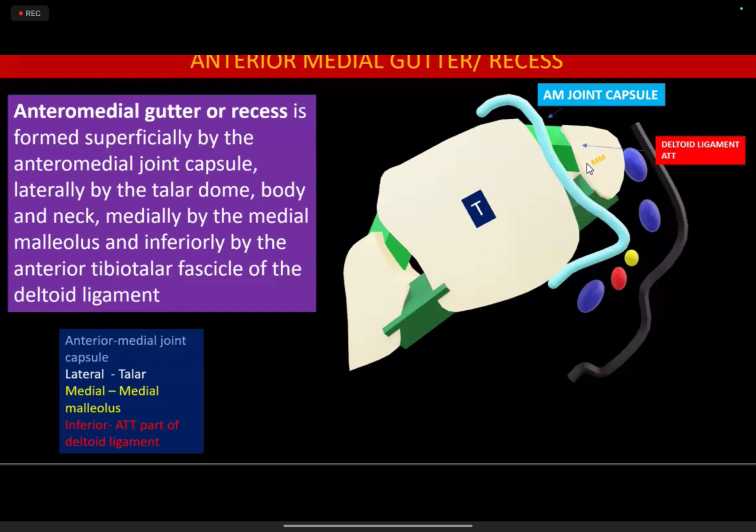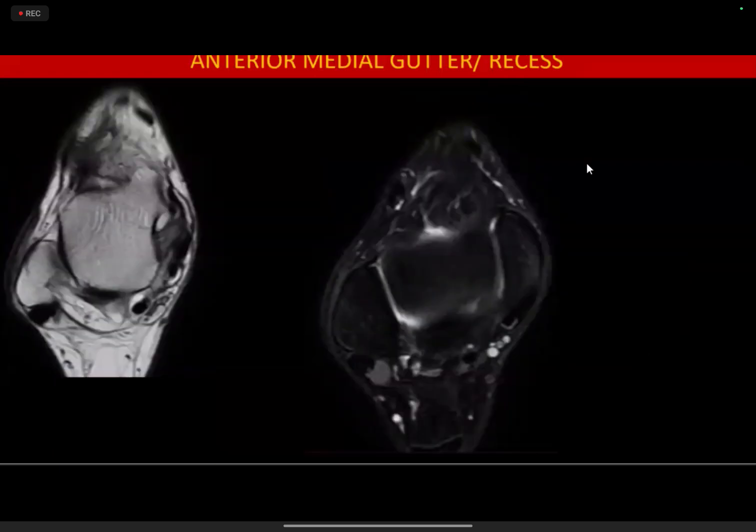What happens in a chronic supination injury is that there is thickening of the anterior tibiotalar fascicle of the deltoid ligament, which gets remodeled and causes obliteration of the anterior medial gutter or recess, and patients usually present with anterior medial ankle pain.